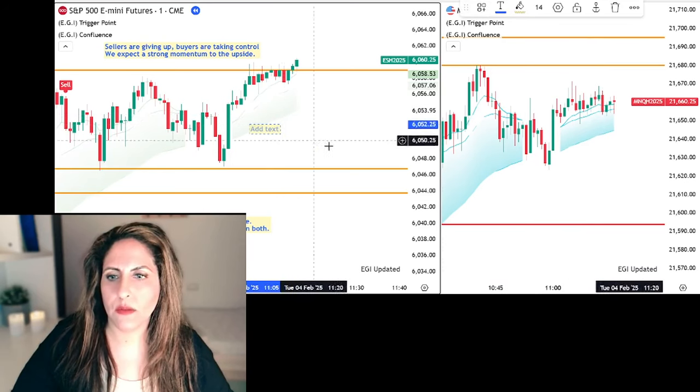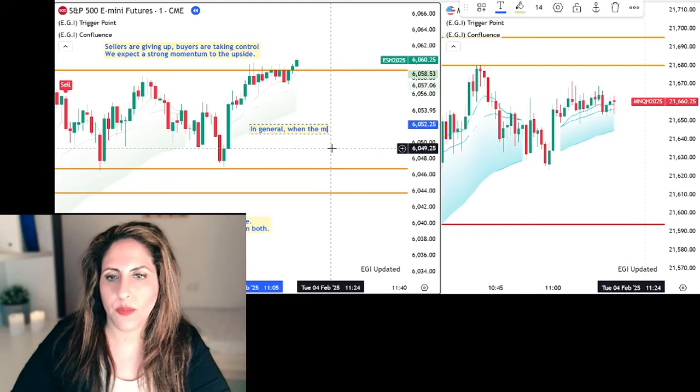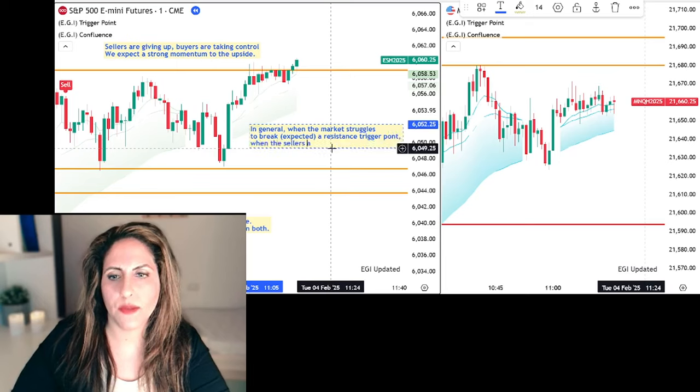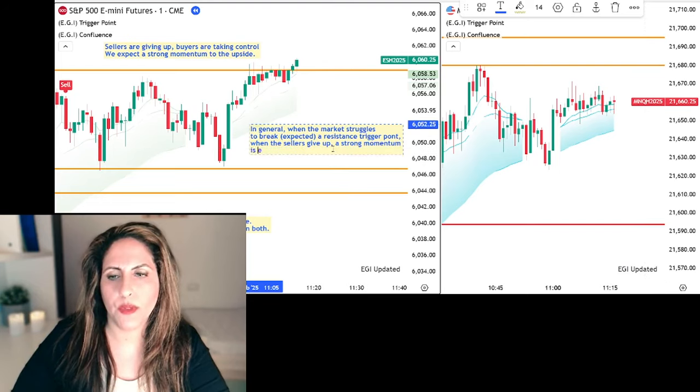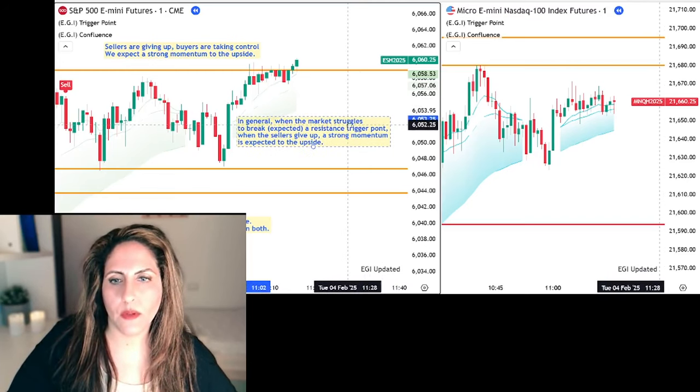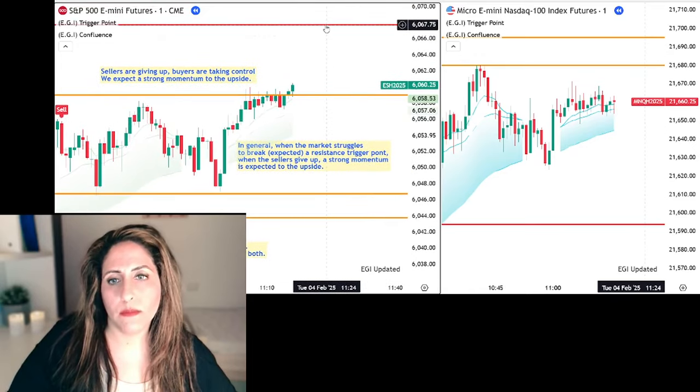Okay, in general, when the market struggles to break resistance, the trigger point, when the sellers give up, a strong momentum is expected to the upside. And the target will probably be this trigger point.